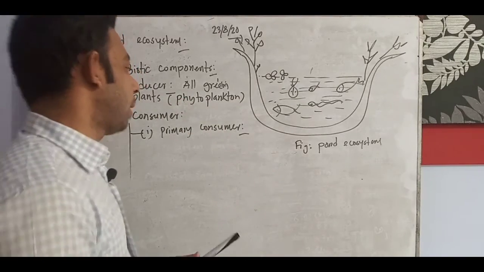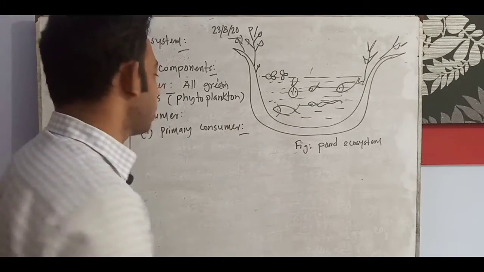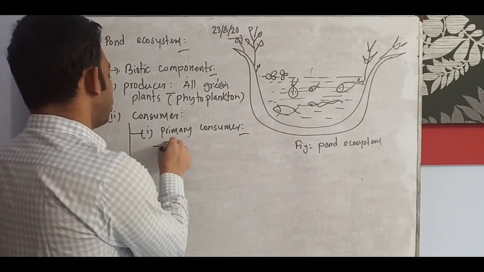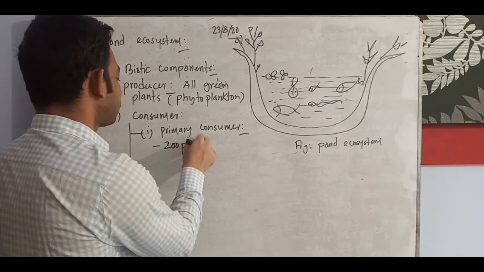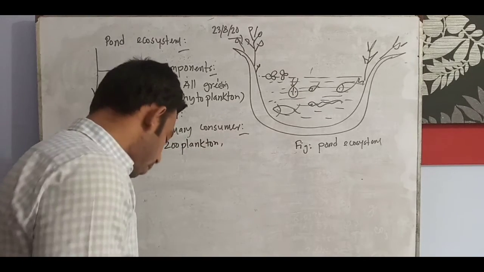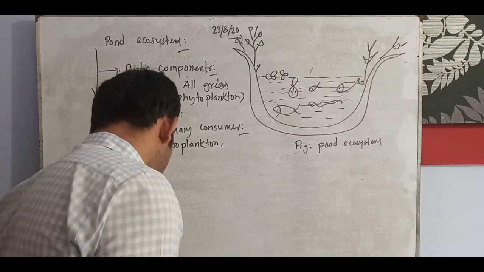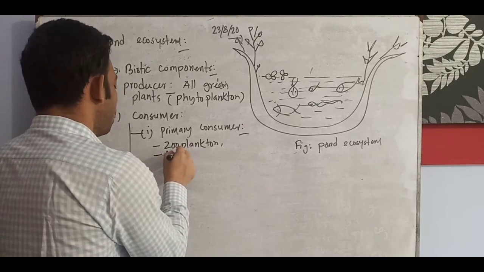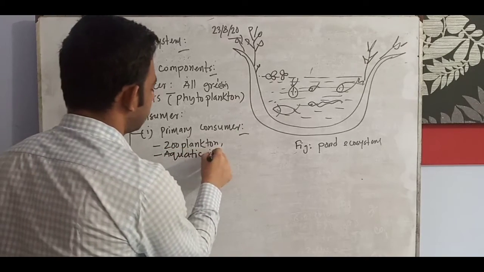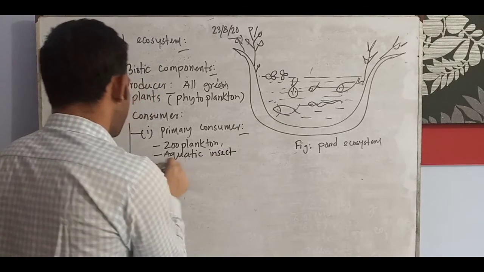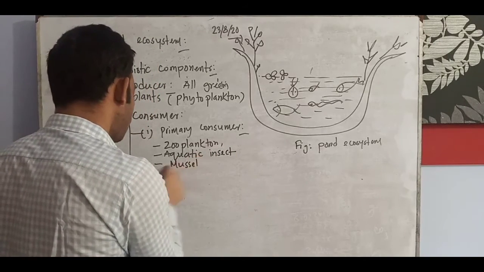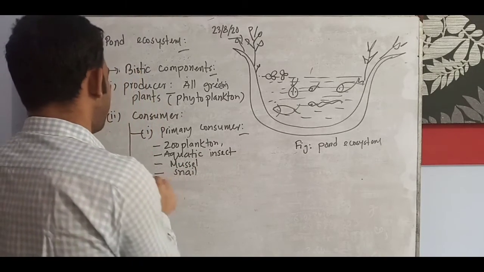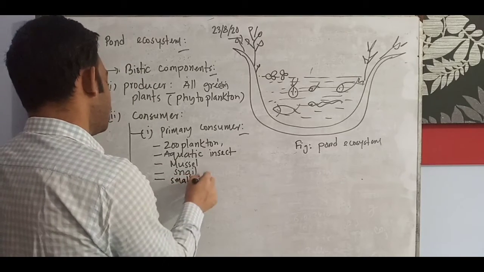Then you give the examples. Primary consumers are zooplankton, which is given in your book, aquatic insect, mussel, snail, and small fish.